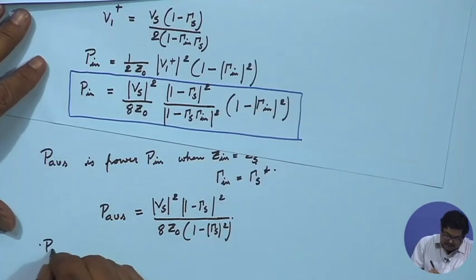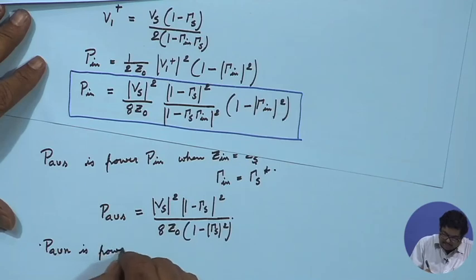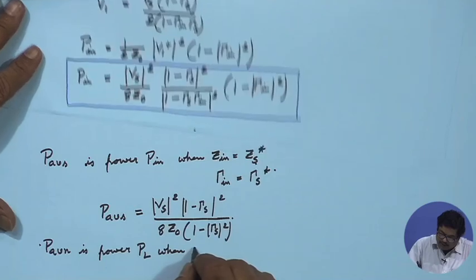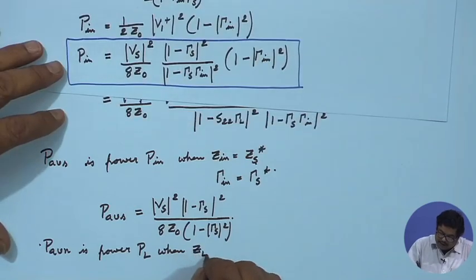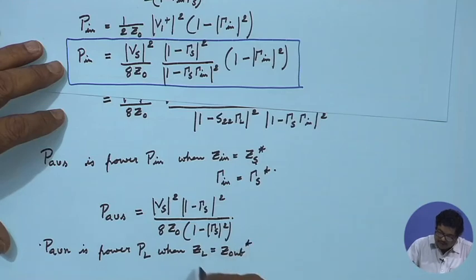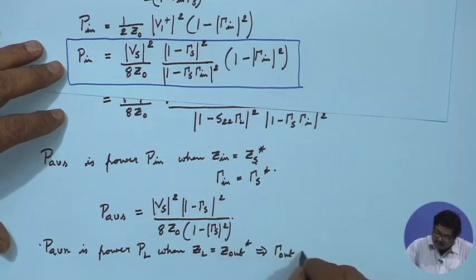So, P A V n is the power P L when Z L is equal to Z out star, which implies that gamma out is equal to gamma L star.